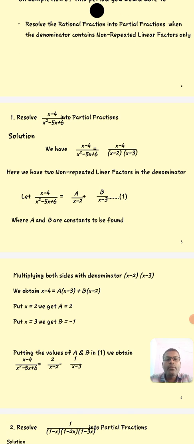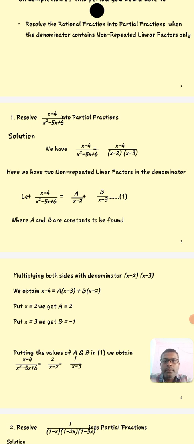How can we do the factorization? x square minus 5x plus 6 we write as x square minus 3x minus 2x plus 6. Here the two values: when we add they give minus 5x, when we multiply they give 6x square. So here we converted it to the factors, those are (x minus 2) into (x minus 3).